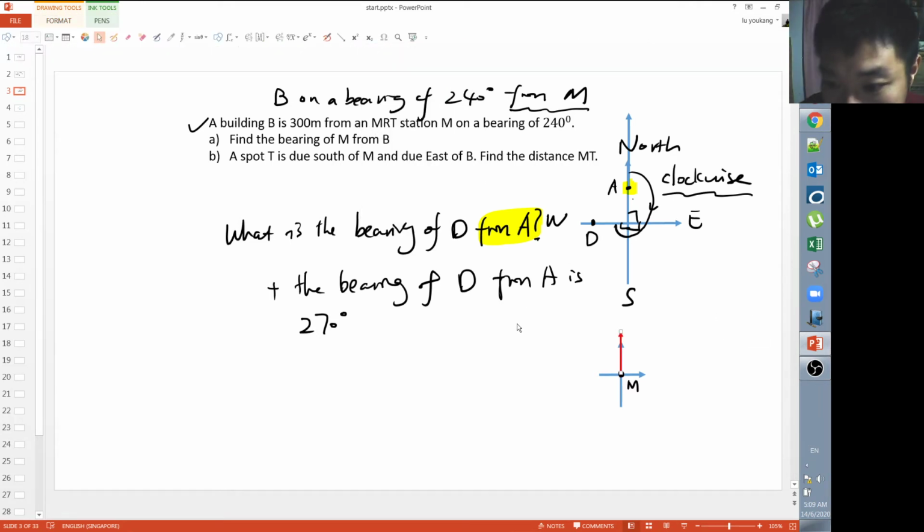So go to M, draw a line upward to the north. North is vertically upward here. Now you just have to go clockwise and you have your 240 degrees. How much do you go? Go 240 degrees because the question says 240.